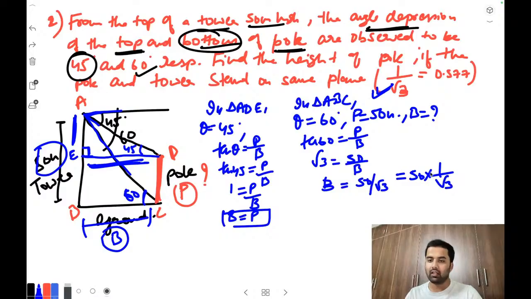Same thing. Now 1 by root 3 value is what? 0.5777. Multiply that, you will get the value.